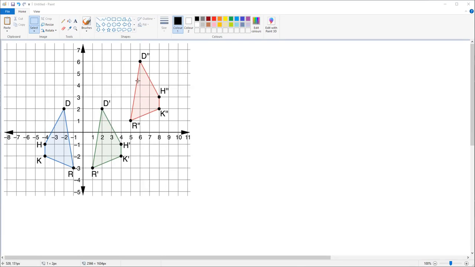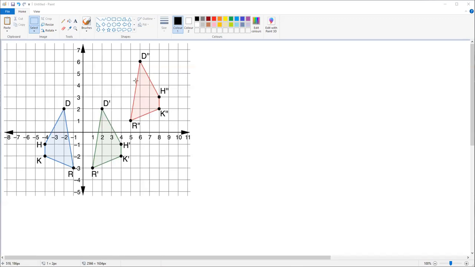So the first question is, what does it mean to maintain distance, to preserve distance? It means that when a transformation is conducted on a figure, all of the segment lengths that make up that polygon maintain the same length.